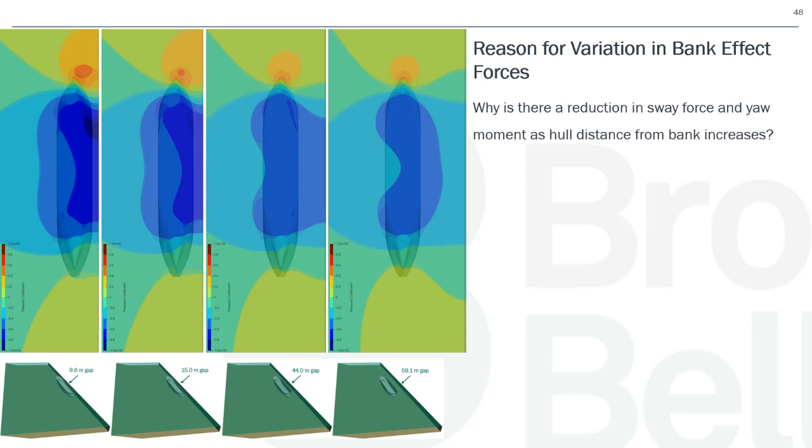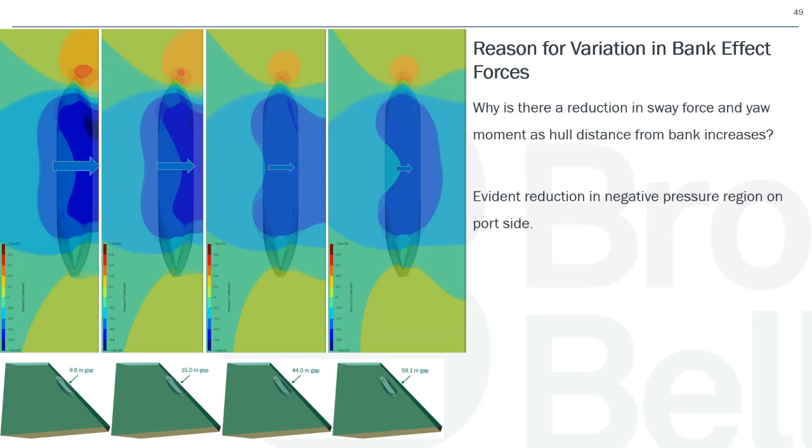And we can investigate that similarly by looking at the pressure plots. So you can see immediately that the far left here is for the small gap, the 9.8 meter gap, and as we come along towards the higher gap, the 58 meter gap, you can see the intensity of your pressure field is reducing.